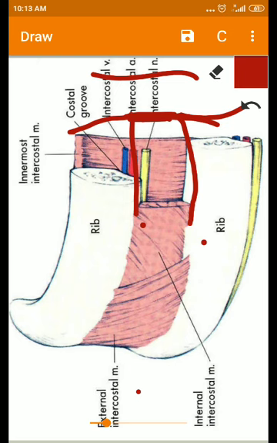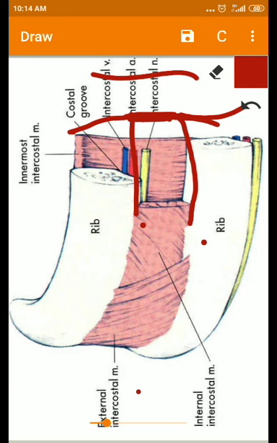So from where to where does this posterior intercostal membrane extend? It extends from the costotransverse ligament. We know that by the side of the angle we have the tubercle, isn't it? And it has a non-articular end where this costotransverse ligament is attached. So from that area, this posterior intercostal membrane extends posteriorly to be continuous anteriorly with a thin fascia.